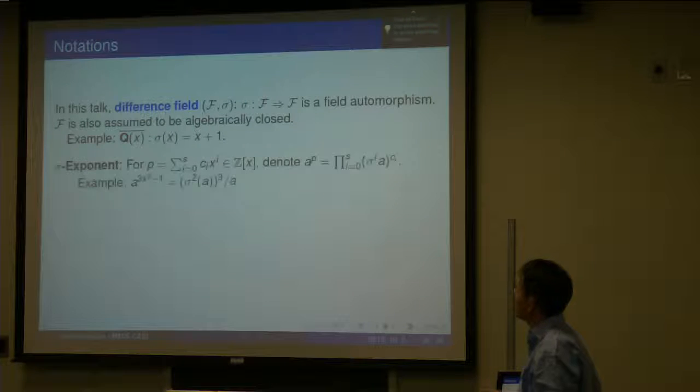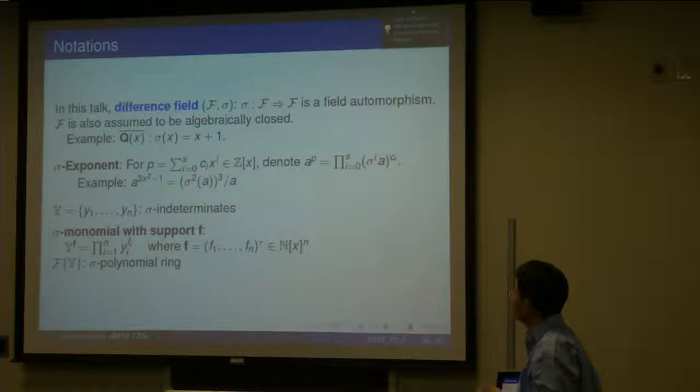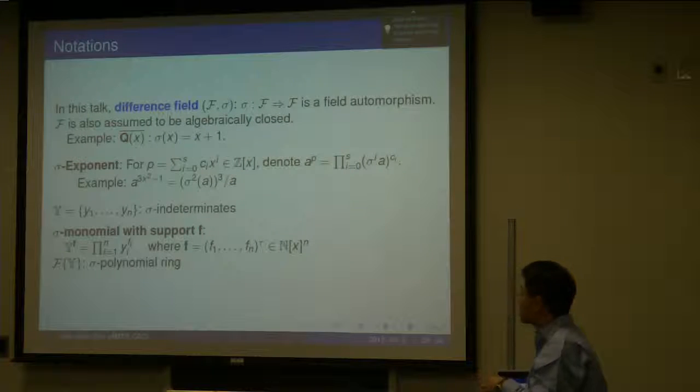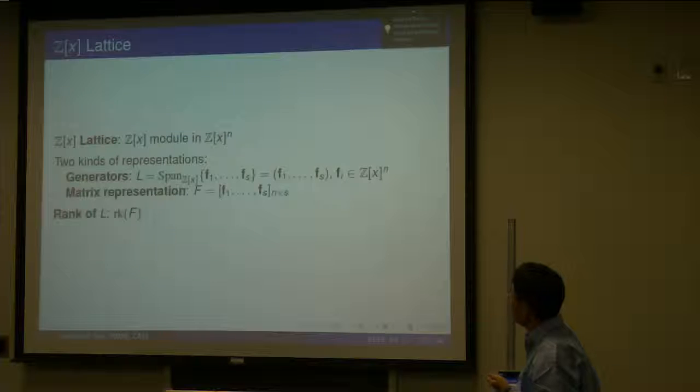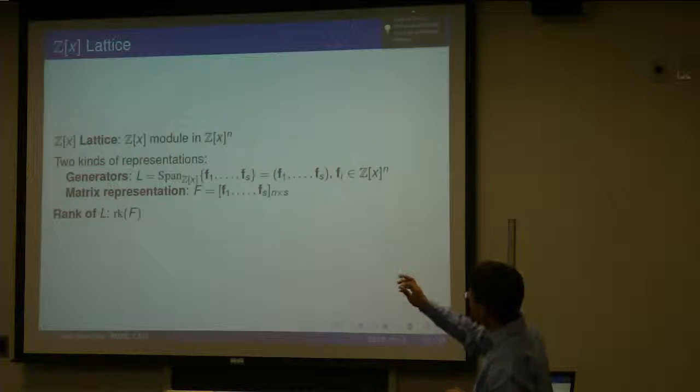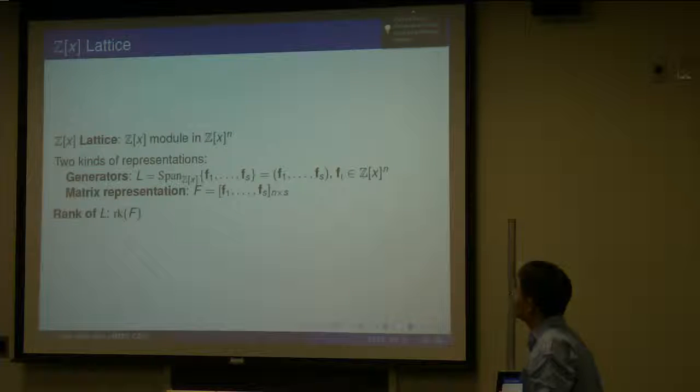So I will skip this very quickly and switch to the difference case. Everything, the Chow form in the difference case, can also be defined. But in the difference case, we use the Z[x] lattice instead of the Z lattice, where Z[x] is the variable Z[x]-module, instead of the Z-module.